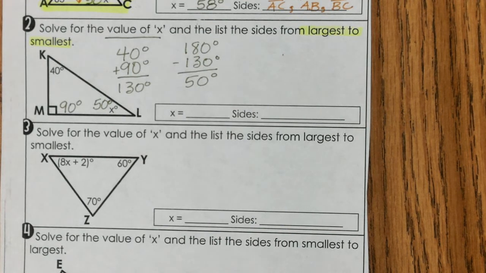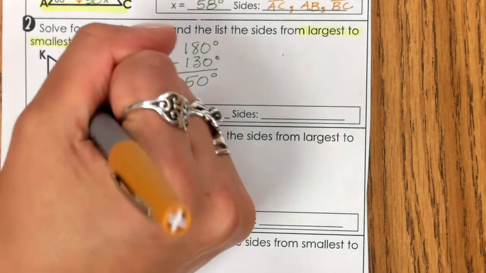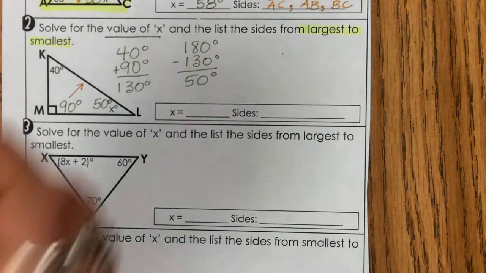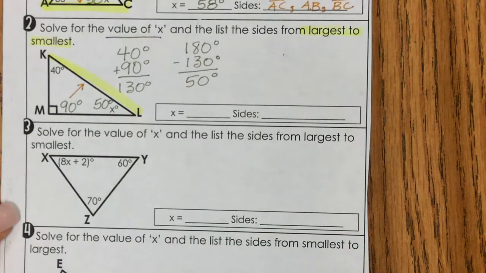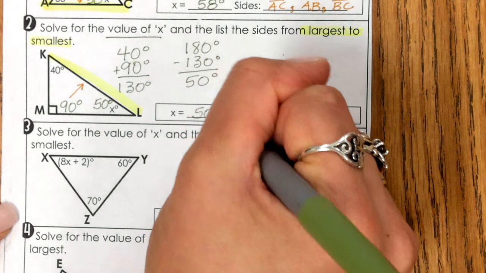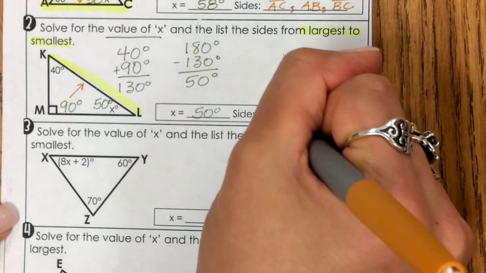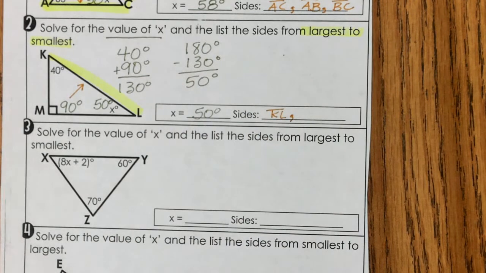The next thing you're going to do is order them from largest to smallest. So this time I'm looking for the biggest angle, which would be what? 90. Across from that would be KL. So make sure we fill this in as well. Sorry, that would be 50. So my first side would be KL. Okay.